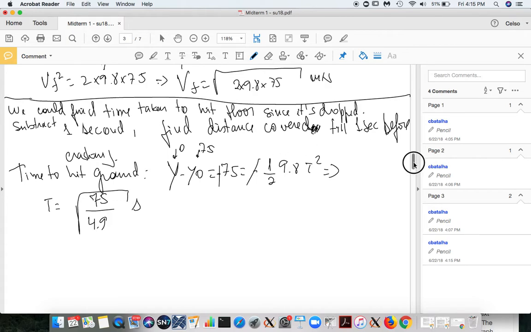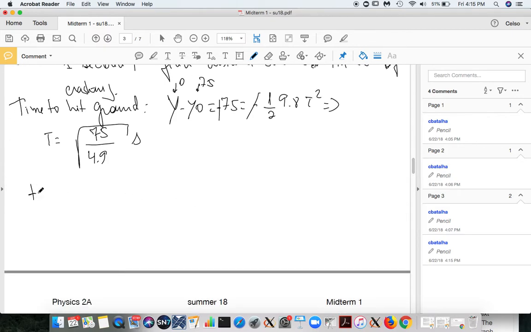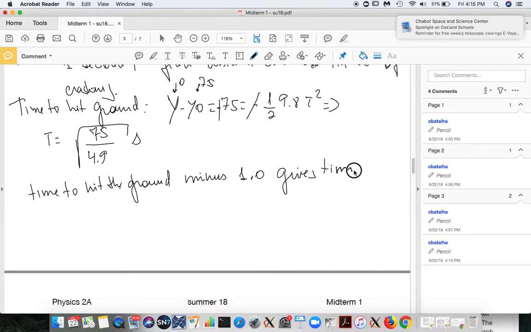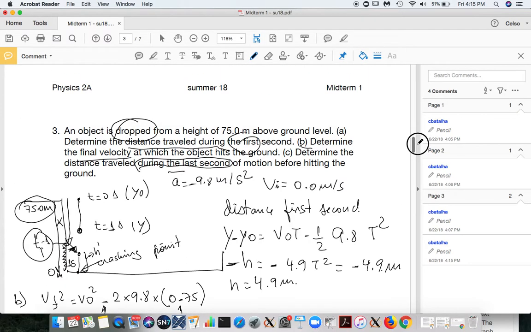Okay, so the time to go all the way down, time to hit the ground, minus 1 second gives the time to hit this point.